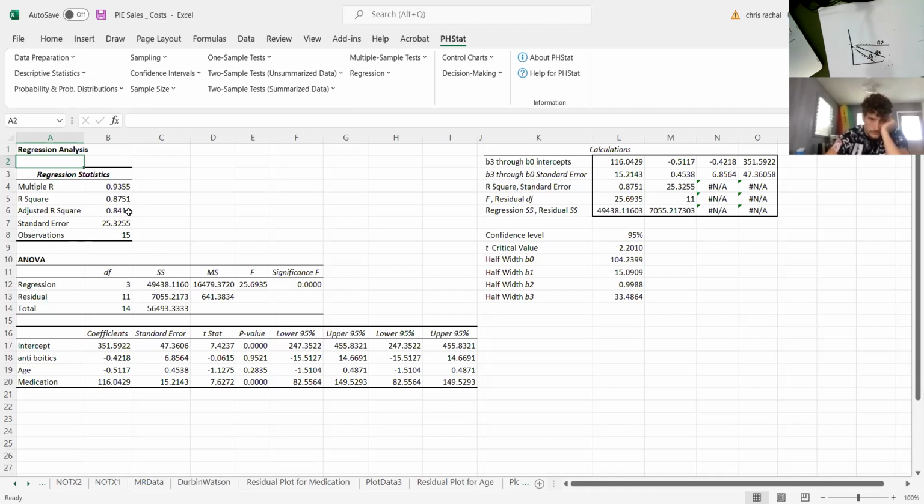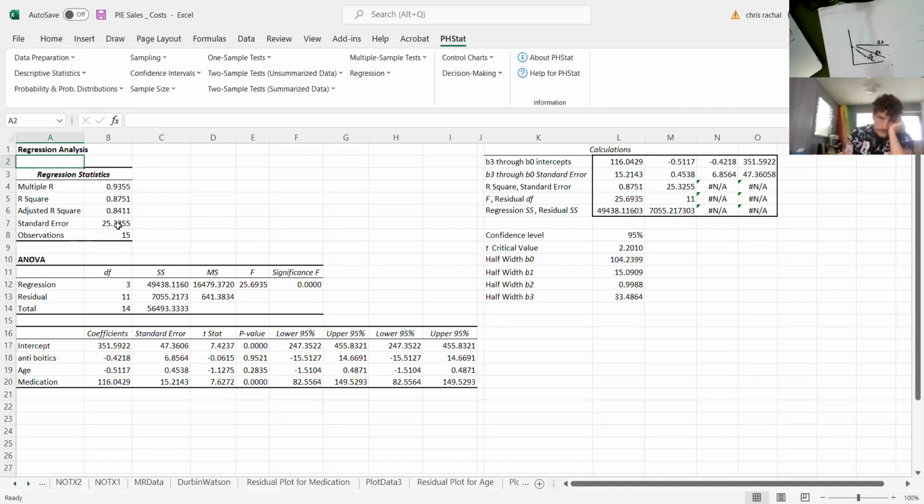It's telling us that 84% of the variation in their stay is explained by antibiotics, age, and this medication. Because maybe if we decrease the medication, their stay's longer, or if we increase the medication, it's less. We'll see how that works out.